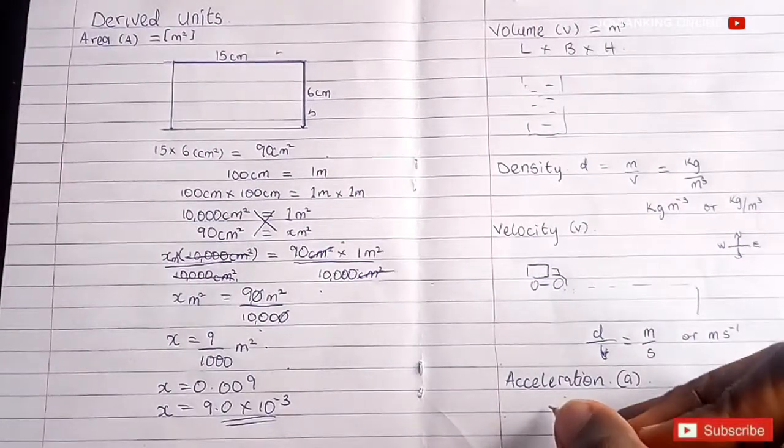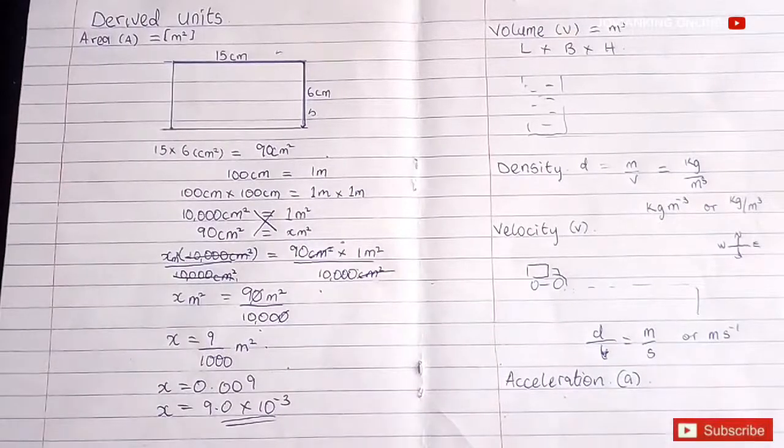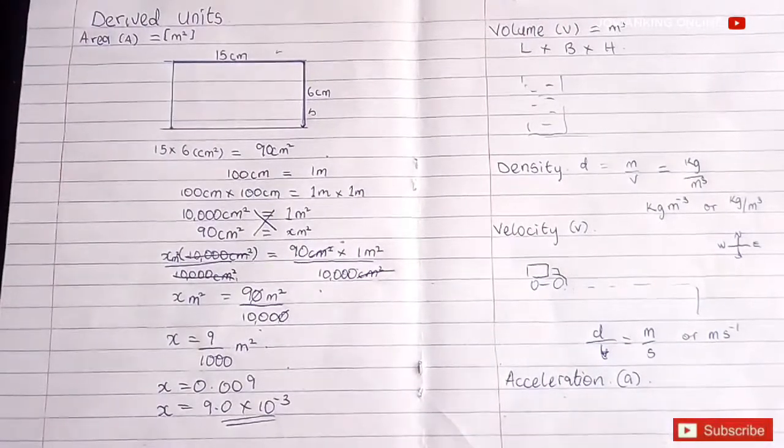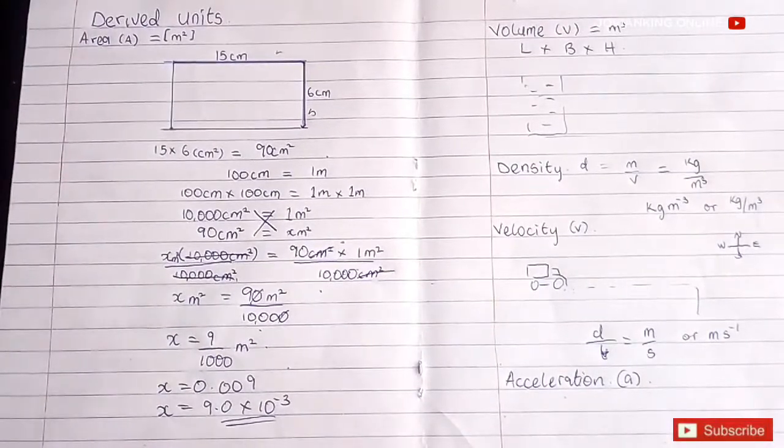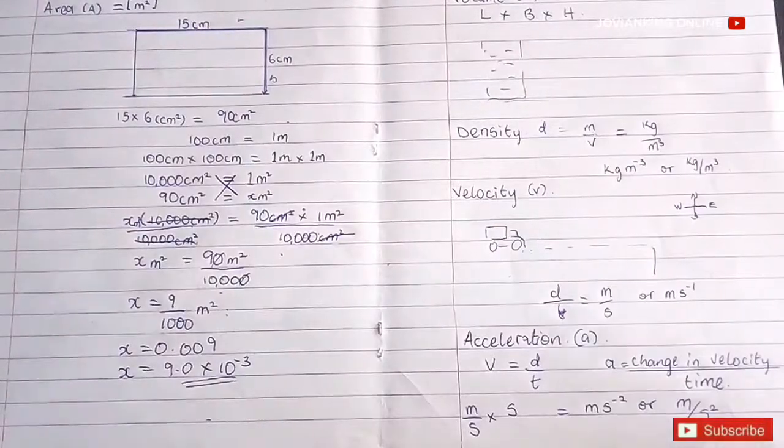So we can say that it's either you say change in velocity or you say velocity over time. And velocity is already measured in meter per second. So it means that the unit of acceleration will be meter per second square.